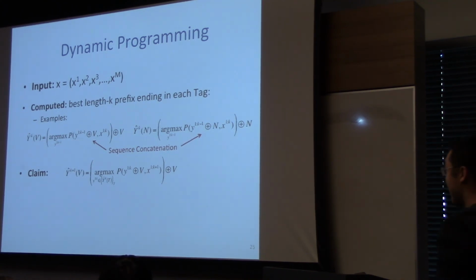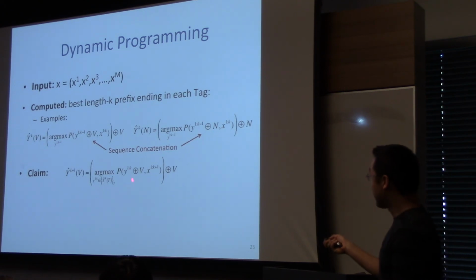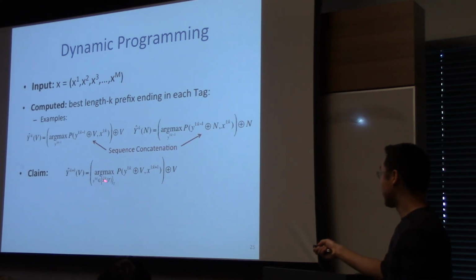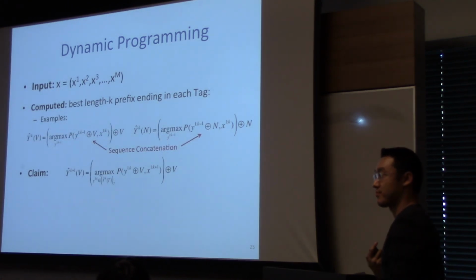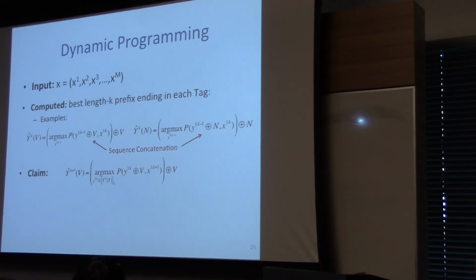All you have to do is iterate over all the previous solutions you've already computed for up to length k, concatenate that with verb, look at the probability, and pick the one that's the best. That's all you need to do. I'll give you an operational example in the next couple of slides.